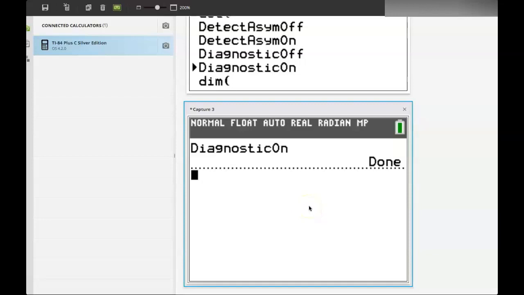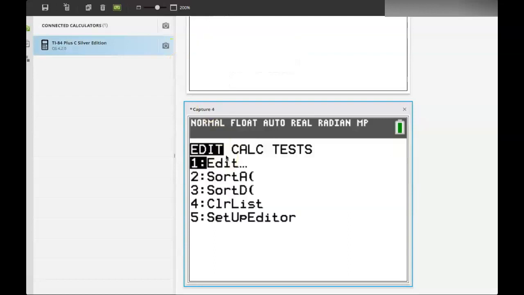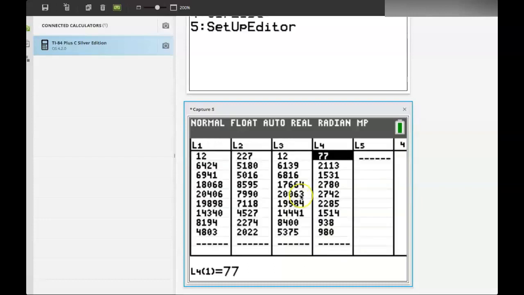And now after that, we're able to enter our data. So press that, choosing the first one, edit, enter. Then after that, enter all the data that we have in that table.